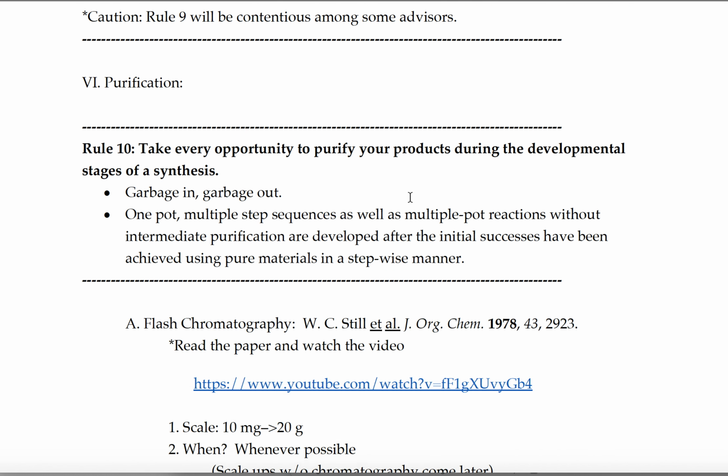Take every opportunity in a synthesis to purify your products during developmental stages of the synthesis. So you'll read in a paper that someone took a crude and pushed it through, and they telescoped it. But they didn't, or shouldn't have, done that in the developmental stages.